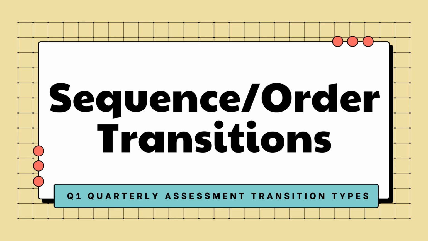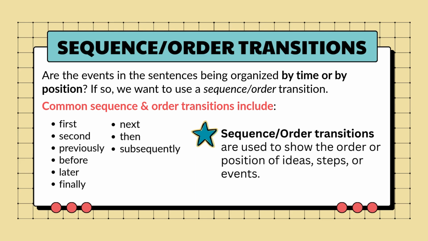Next, let's examine sequence order transitions. Sequence order transitions are used to show the order or position of ideas, steps, or events. Are the events in the sentences being organized by time or by position? If so, we want to use a sequence order transition.